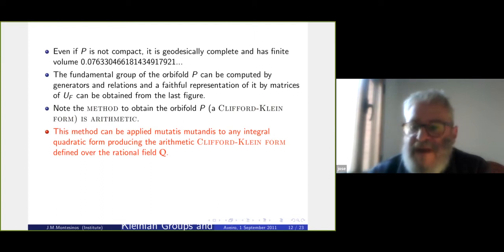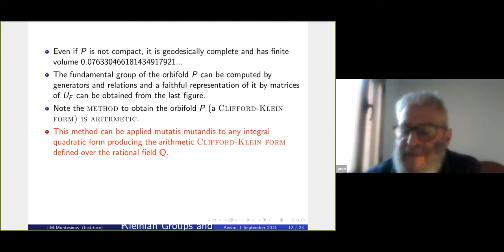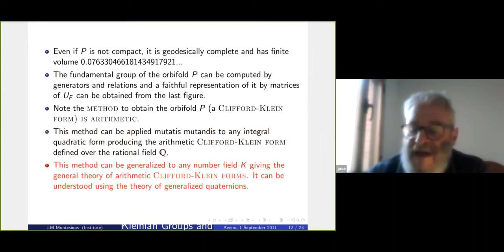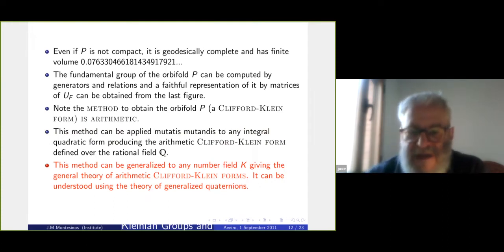This method can be applied mutatis mutandis to any integral quadratic form producing the arithmetic Clifford-Klein form defined over the rational field, Q, the rationals, but can be generalized to any number field which has some properties, given the general theory of Clifford-Klein forms. It can be understood using the theory of generalized quaternions.